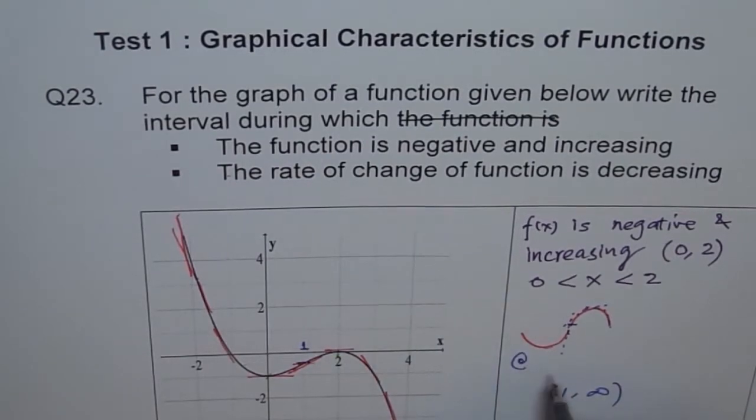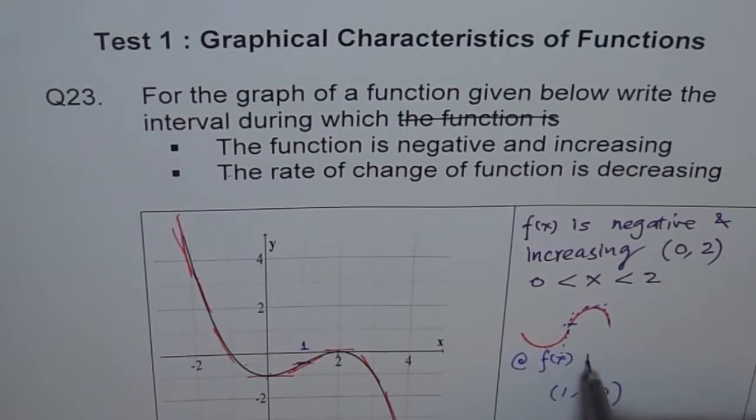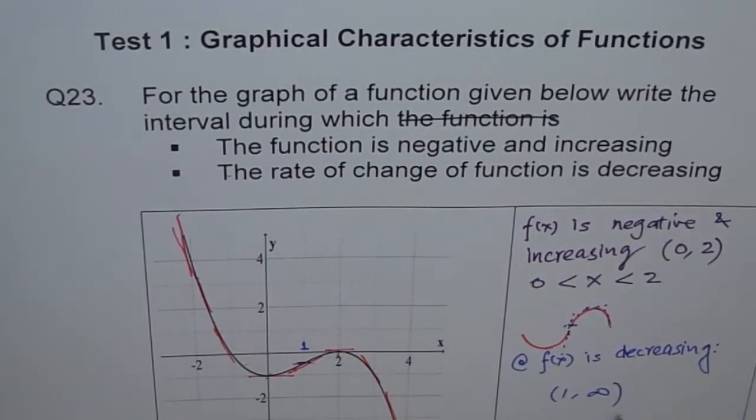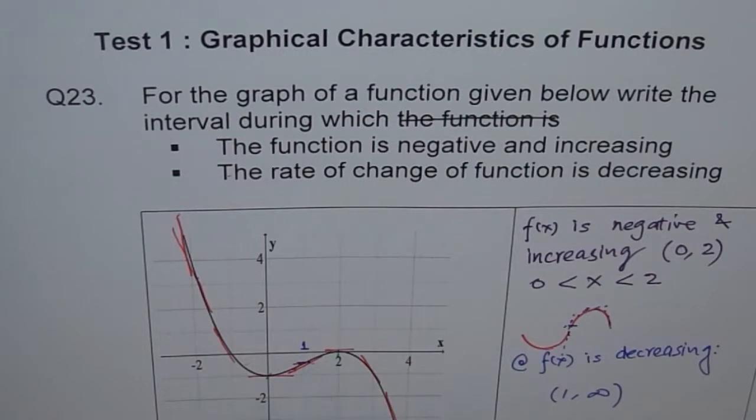So we say the rate of change of f of x is decreasing. I hope you understand how we got this answer. If you see the slope, what you need to do is check the variation of the slope.